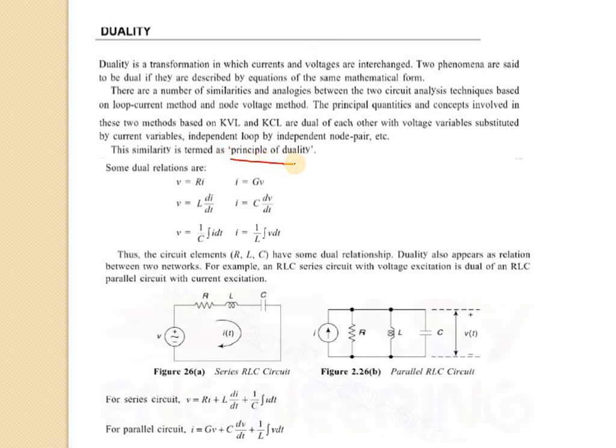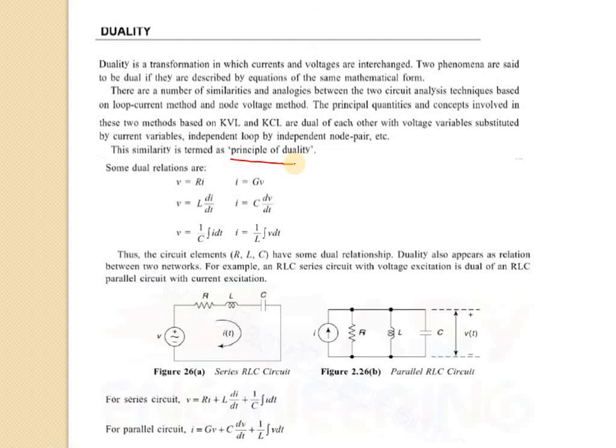Some dual relationships are there: voltage equals resistance into current, V equals R into I, and in dual it is I equals G into V. Similarly, V equals L di/dt and I equals C dV/dt. Again, V equals 1 by C integration of I dt and I equals 1 by L integration of V dt.